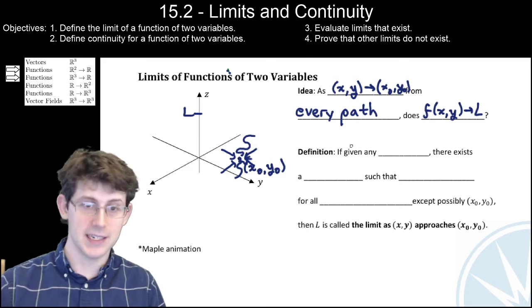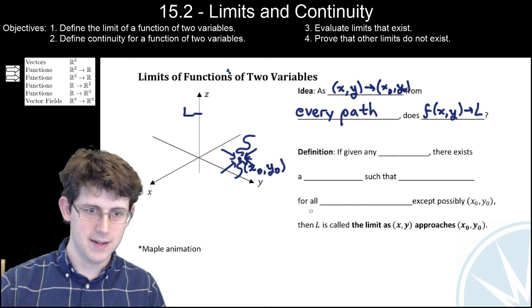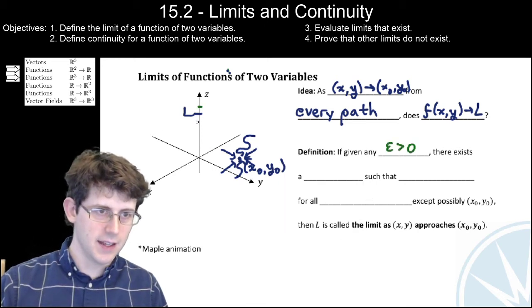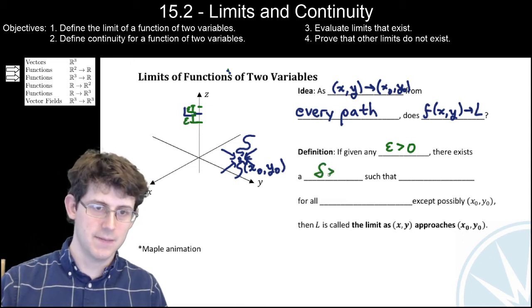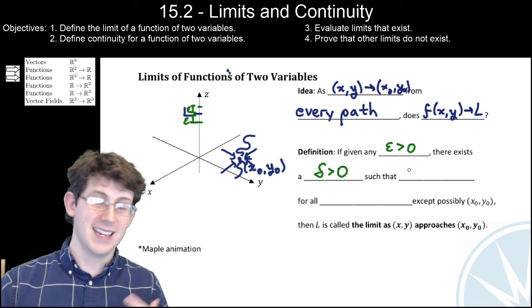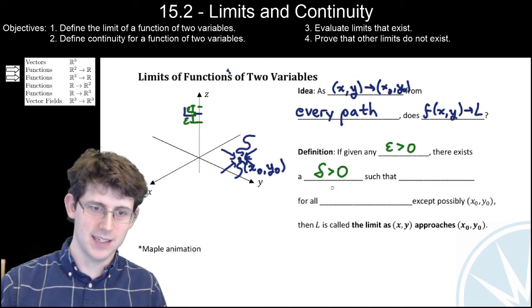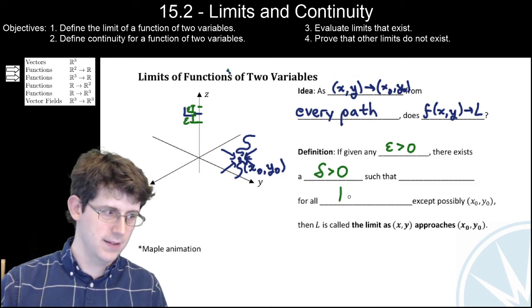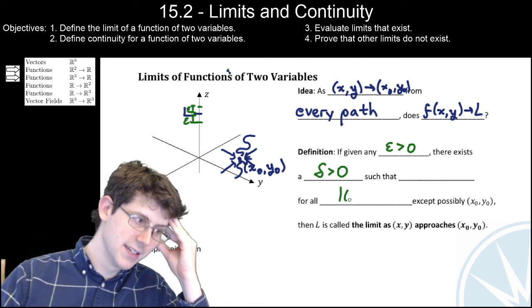Okay, how do we formalize this? Same deal. We're going to have an enemy give us an epsilon. That's the enemy's challenge, which is to say, I bet you can't stay this close to L. And then our job is to come up with a delta, such that as long as you stay, and how do I write this?